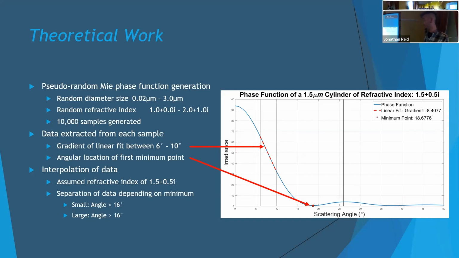Even I'm confused about this sometimes. So this is the phase function, and what I'll be doing is collecting the gradient of this line between these two limits for the smaller particles, because they have a more stretched out phase function.